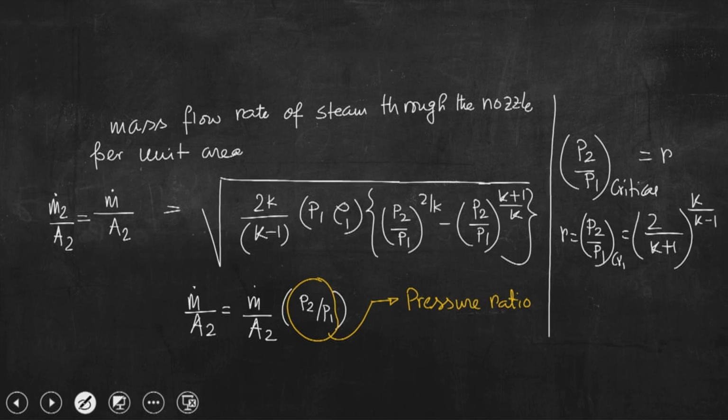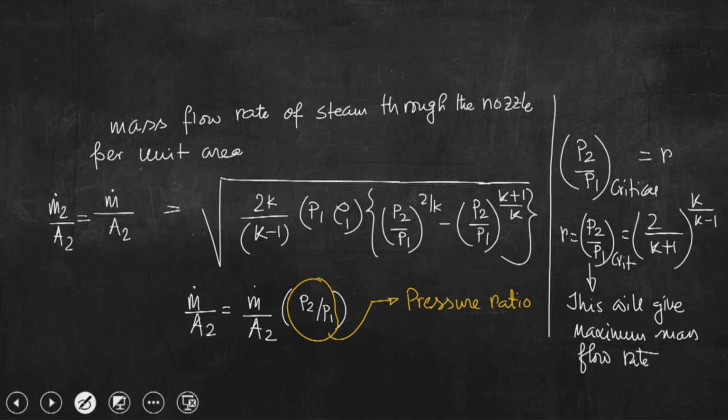So, this is the critical value of pressure ratio. The critical means this will give the maximum mass flow rate through the nozzle.